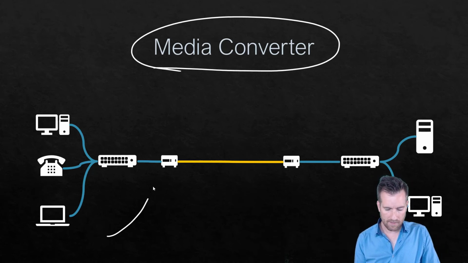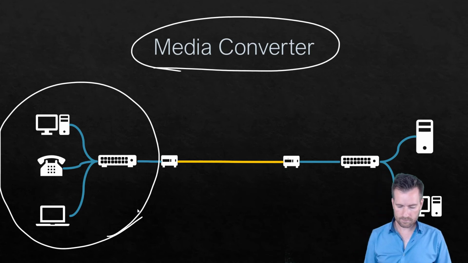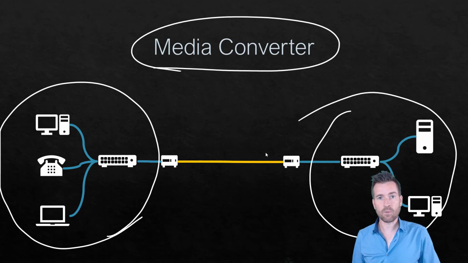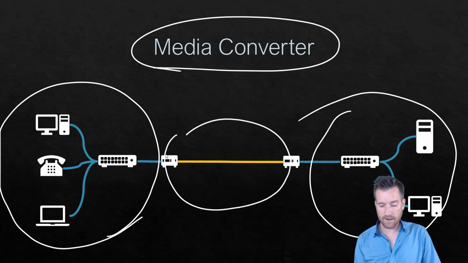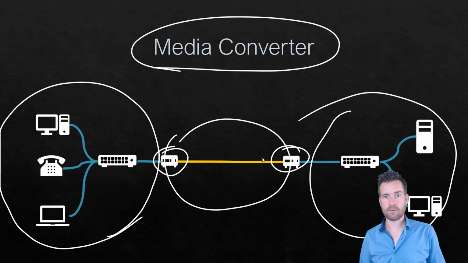So here we have a network with two sides to this, speaking through these copper lines, and then we convert this into a fiber line, and these are the media converters on each side that's going to facilitate that conversion from copper to fiber.